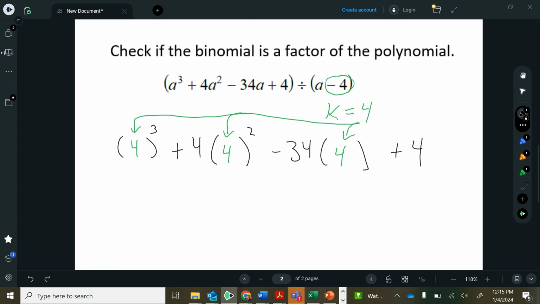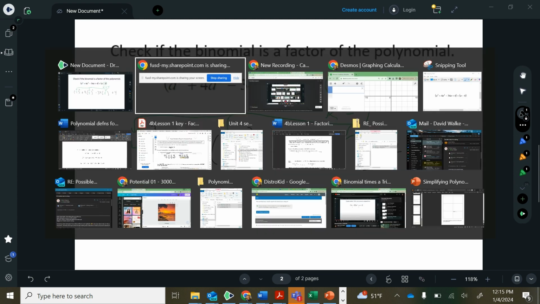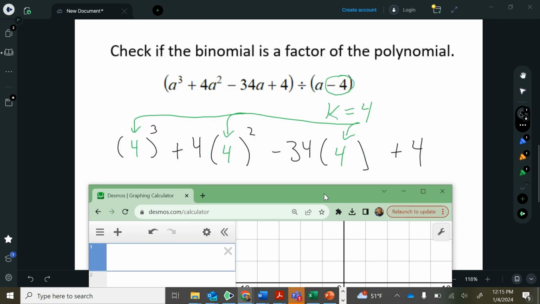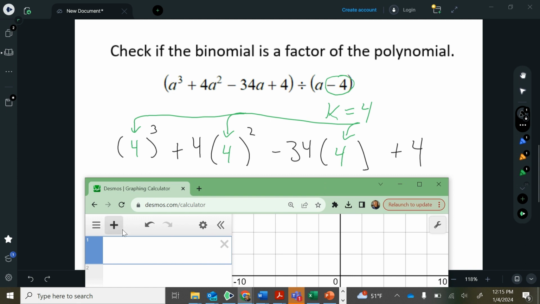So one thing we could do is type this in on our calculator, on the TI-30 calculators that we have. What I'm going to use here, since I'm doing this all on the computer and I'm sharing my screen, is Desmos. So if I go to Desmos, I can type this in just like I would on the calculator, and I'm going to type it in just like it's written.